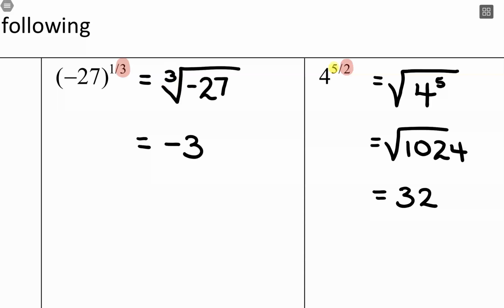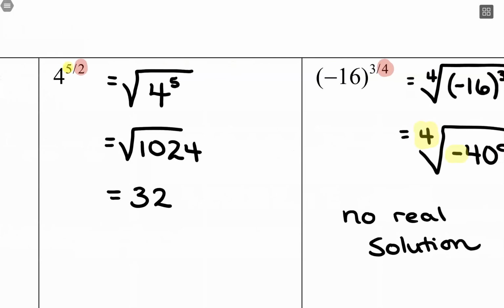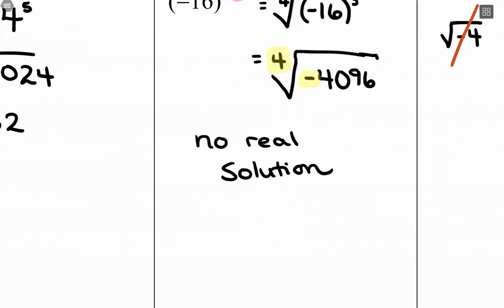In this case, it's -3 times -3 times -3. Well, 3 negatives will make a negative in the end, and we can get that -27 out. Whereas if we're working with an even level root, let's say I was looking at the square root of -4, while 2 times 2 would give us 4, it doesn't make it negative.